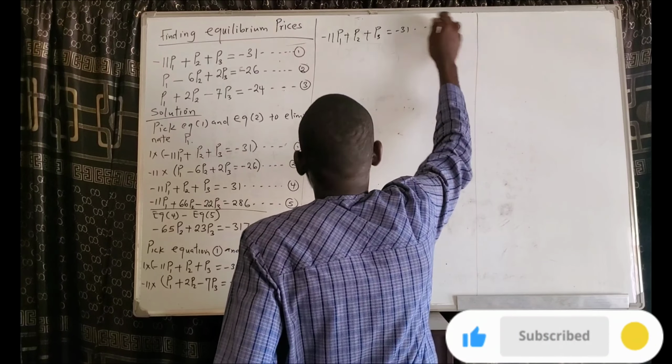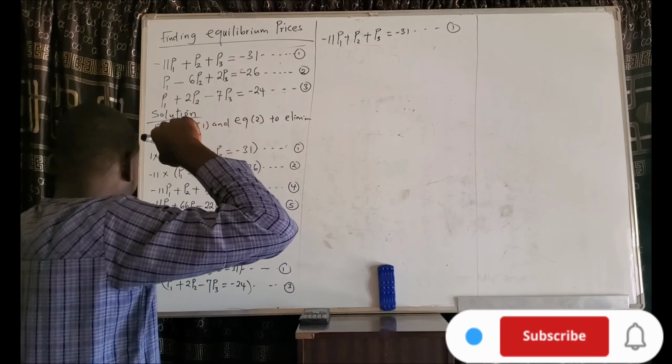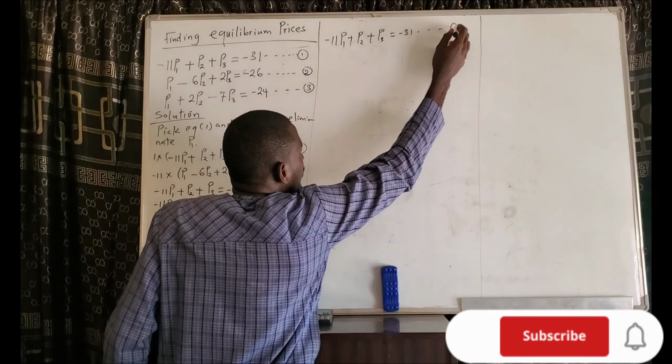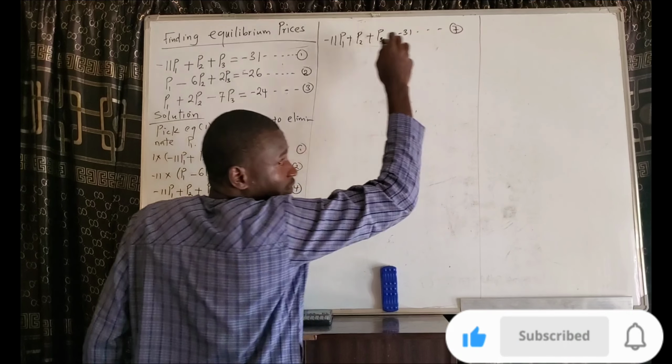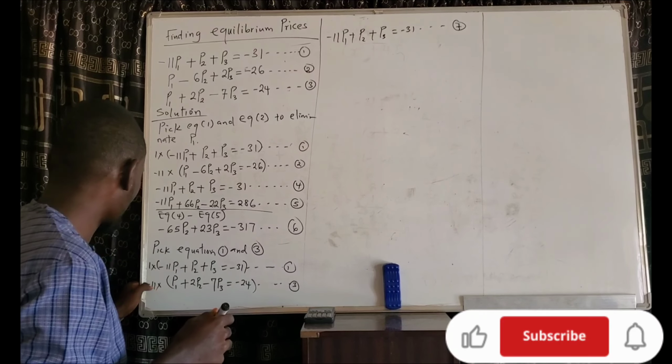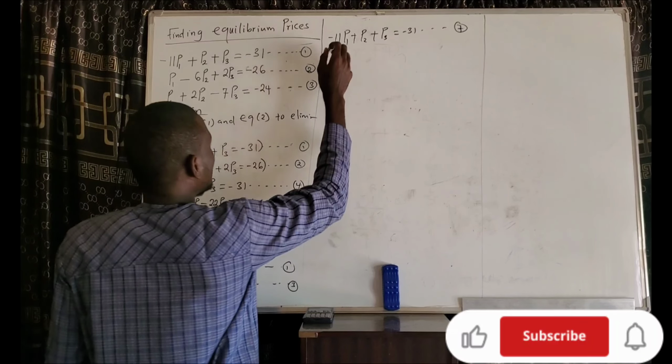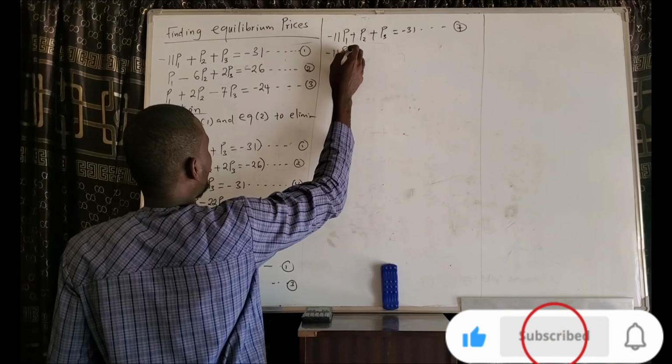This one is equation 7. Now, negative 11 times p1 is negative 11 p1.